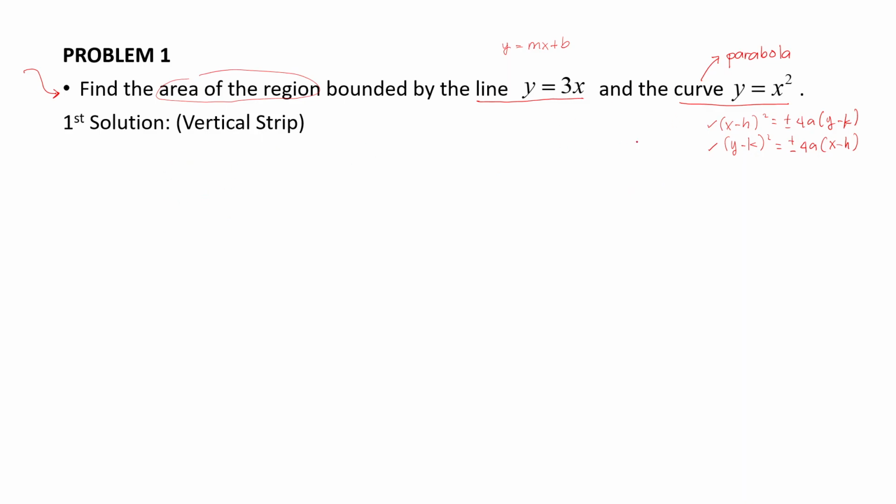Okay, so the first thing you need to do is to equate the two equations, because by equating, we can look for the points of intersection. The points of intersection will be useful later in getting x1, y1, and x2, y2, because these will be the boundary limits, from x1 to x2 or from y1 to y2.